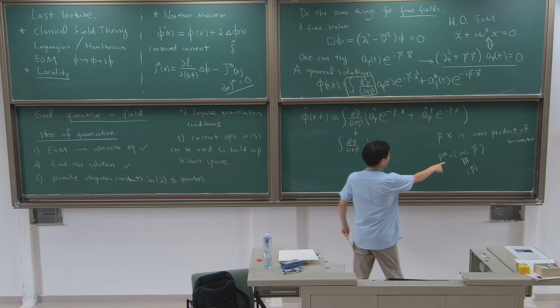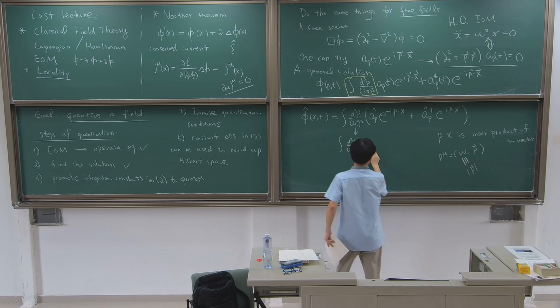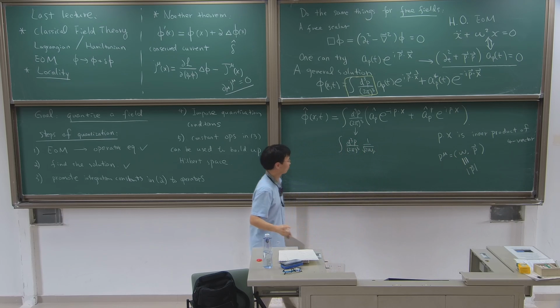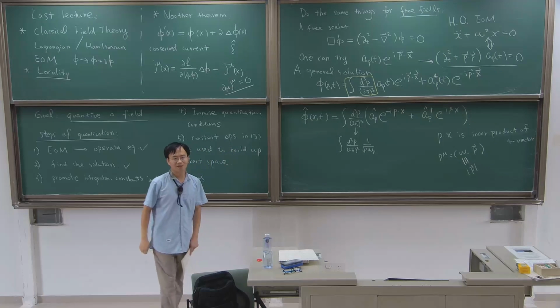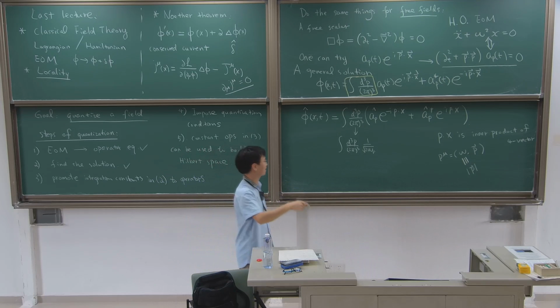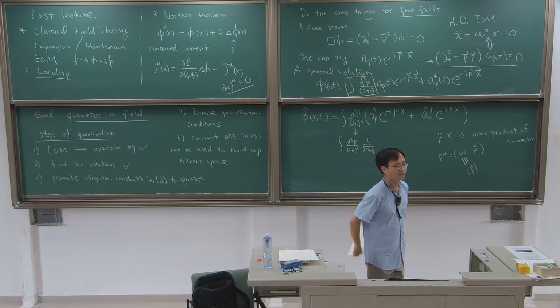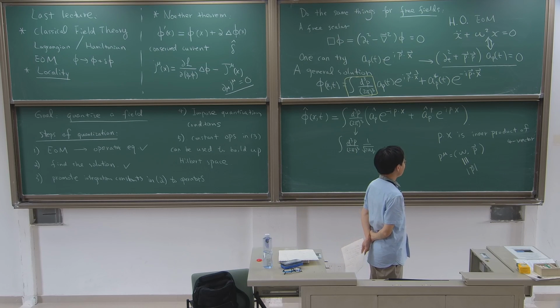And this omega is this omega. Sometimes we denote it omega_p, but it's the same thing, because omega is not independent as such. Is this p the four-momentum in Minkowski space?